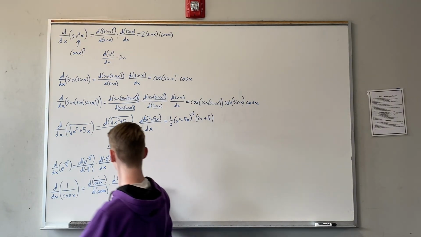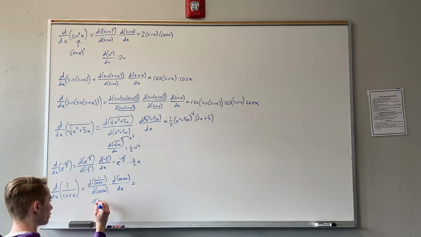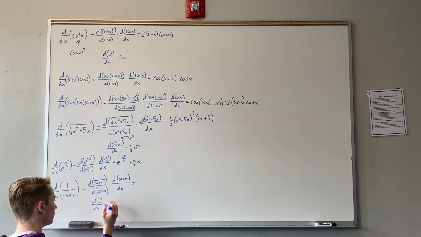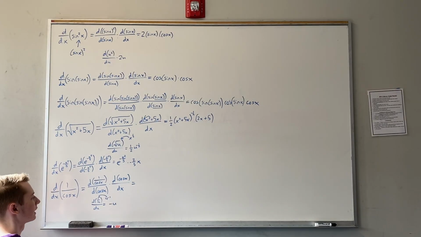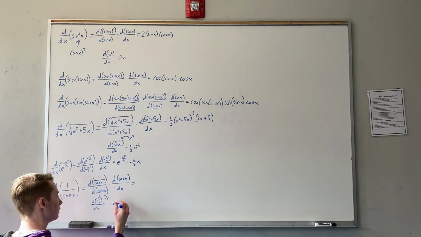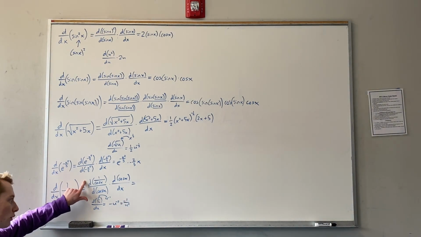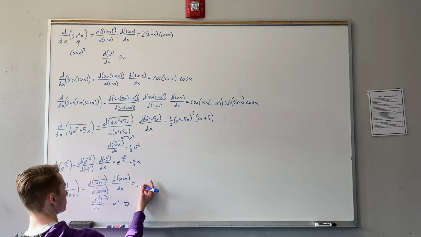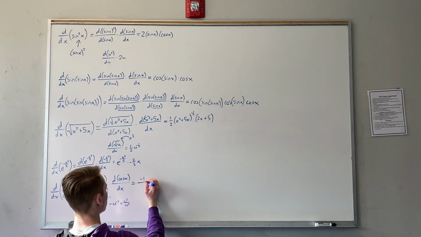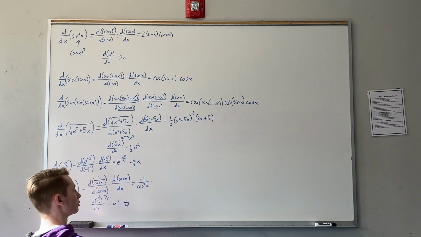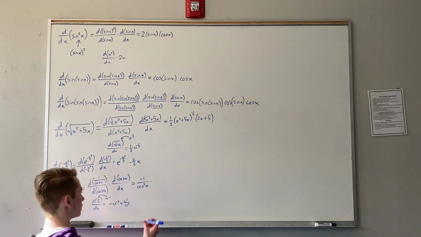Derivative of 1 over something with respect to that thing. Let's say it's 1 over u with respect to u. 1 over u is u to the negative first. Negative 1 comes out in front. That's negative u to the negative 2, which is negative 1 over u squared. So derivative of 1 over cosine with respect to cosine is negative 1 over cosine squared, multiplied by the derivative of cosine, which is negative sine.